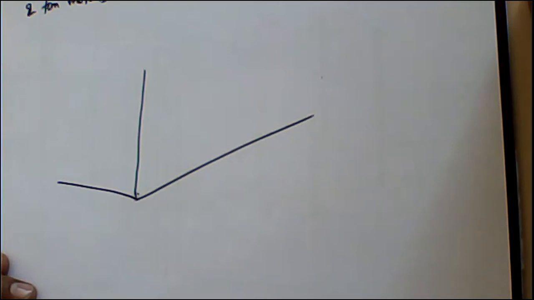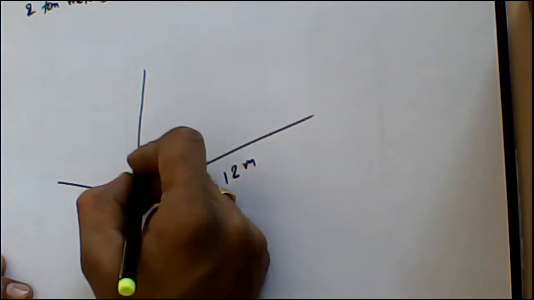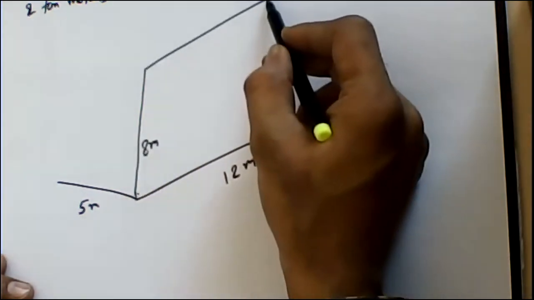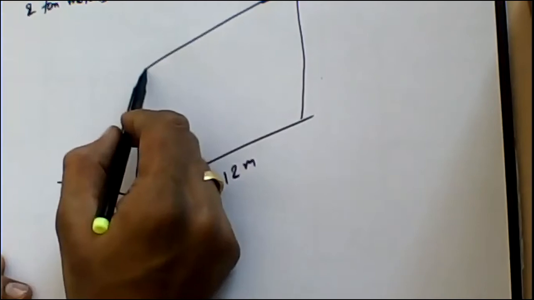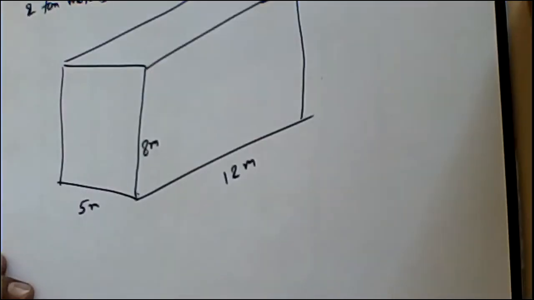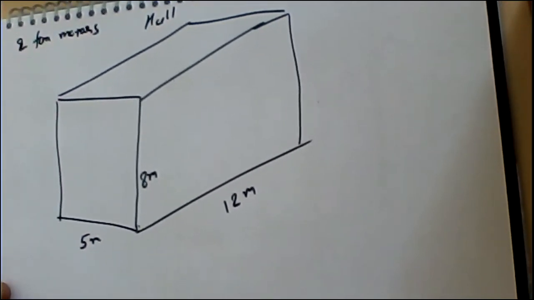So the hall size is given to us like this. It is 12 meters by 5 meters by 8 meters. So the hall is going to look like this. This is the whole cluster in which we need to identify the positions.